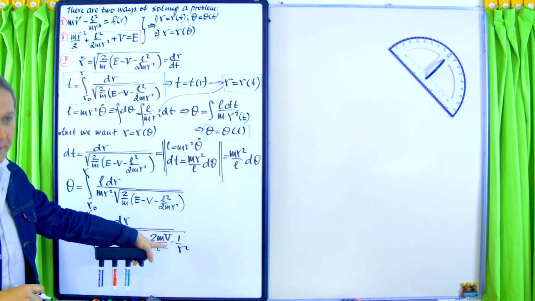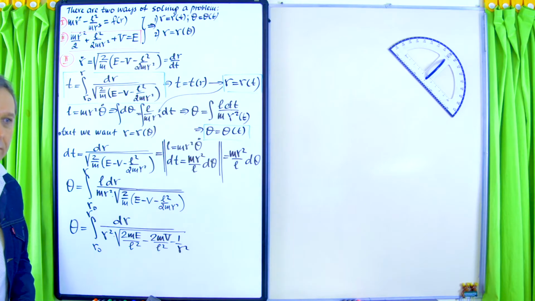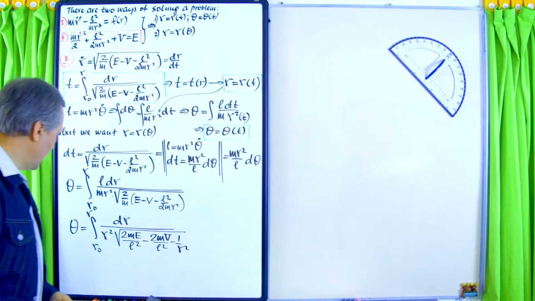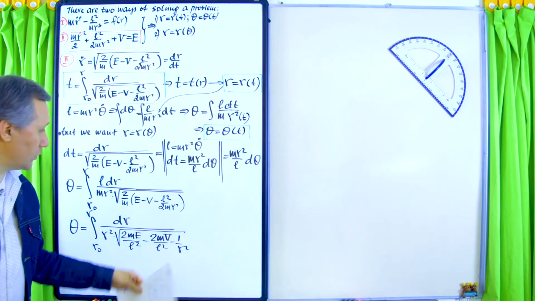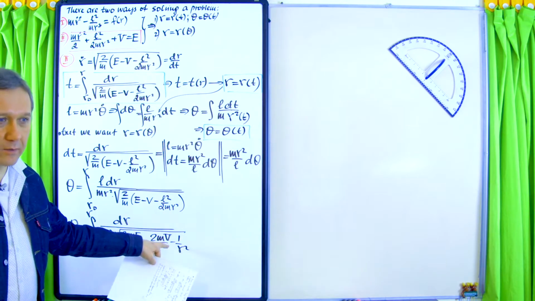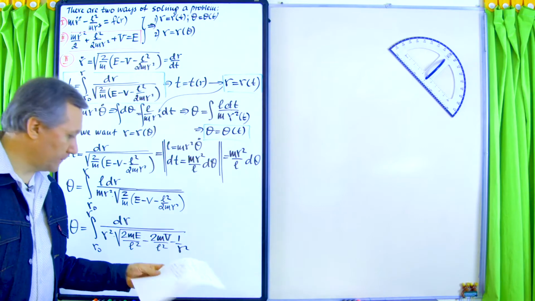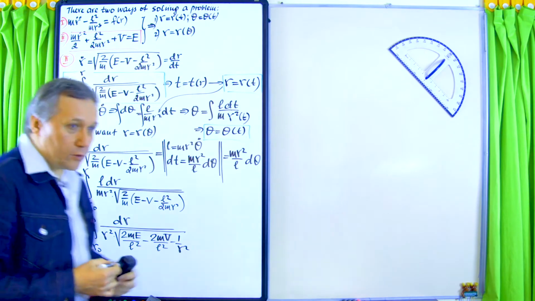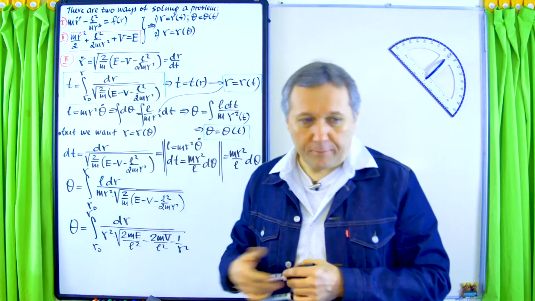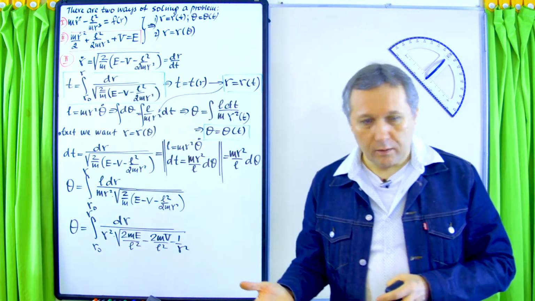Of course, the potential V is a function of r, because our forces are conservative, so there shouldn't be any dependence of V other than on r. So you can apply this to find trajectories of any particles.